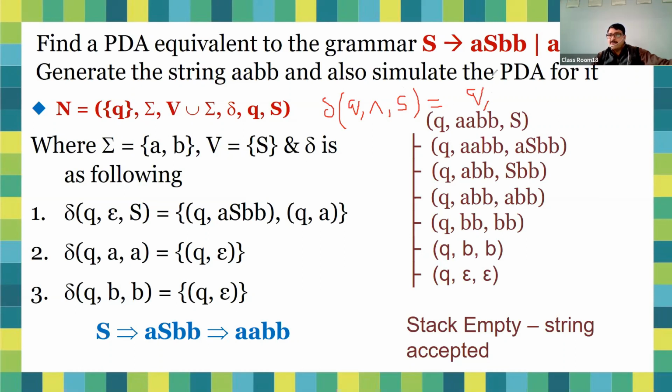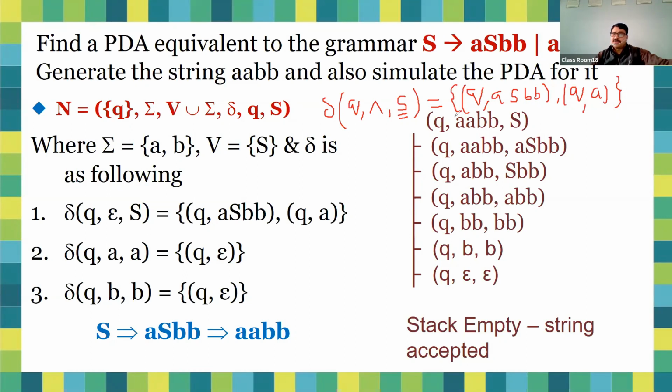Now just see what is produced by this S. S can produce ASBB or A. So you must write here ASBB, because ASBB is produced by S, or the other one is Q to A, because these are the two productions that are produced by S.